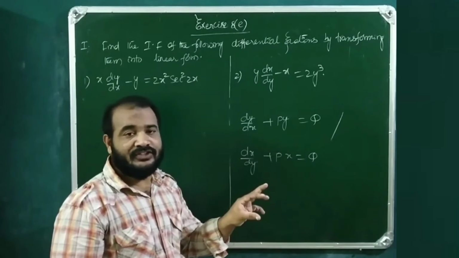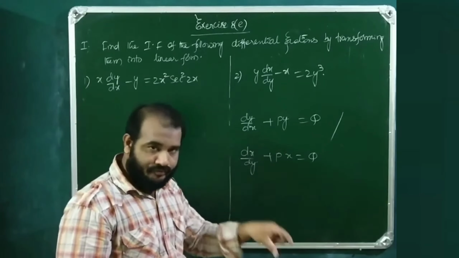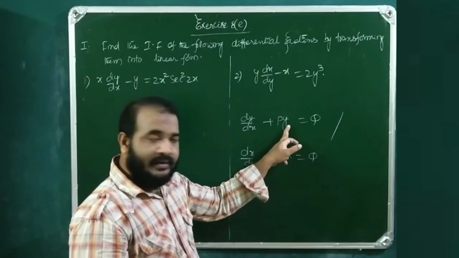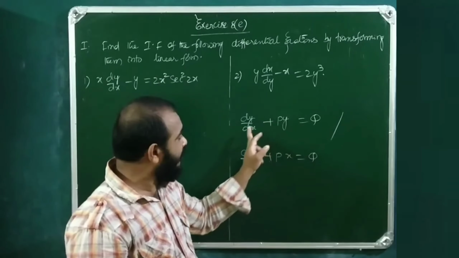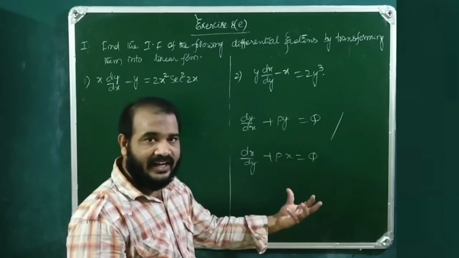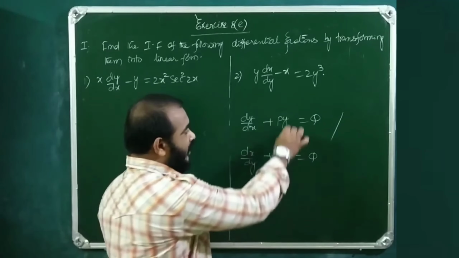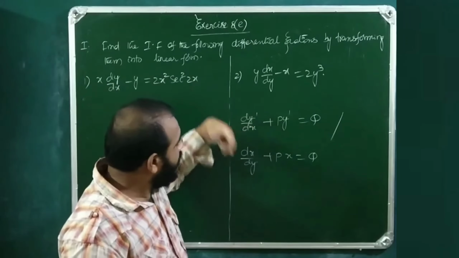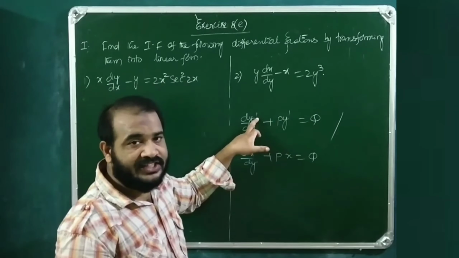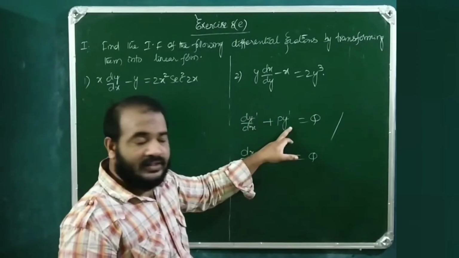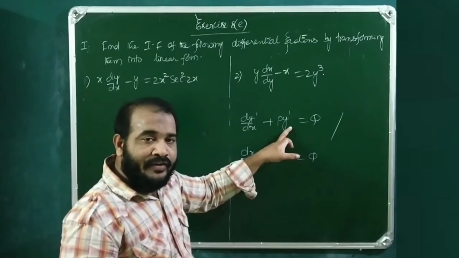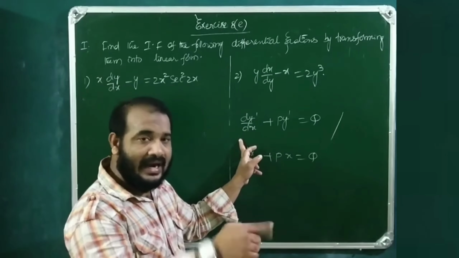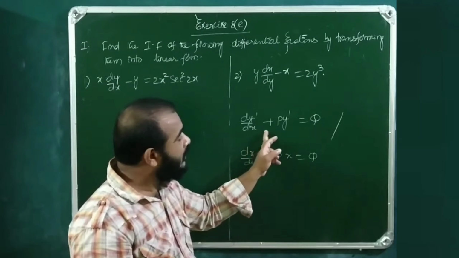A differential equation is said to be linear if the dependent variable y and its derivative dy by dx are both of first degree. This is first order, and the power is 1, that is, degree is 1. Both the dependent variable y and its derivative should be of degree 1 and they should not multiply with each other.